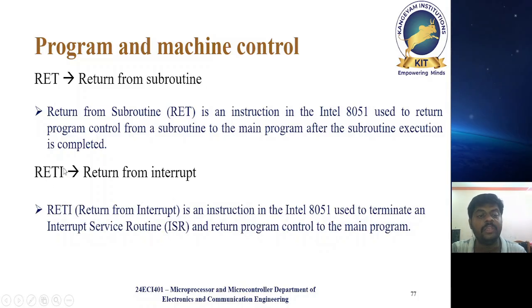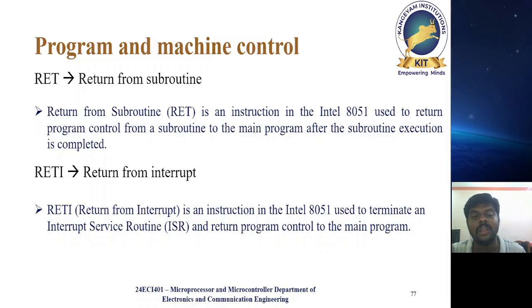RETI is specifically utilized for an interrupt service routine. In the previous instructions we have seen ACALL, where the programmer is calling specifically. But interrupt service routines are a separate program which will be executed whenever an interrupt signal occurs.